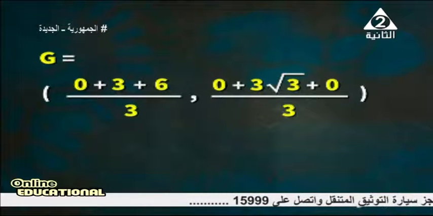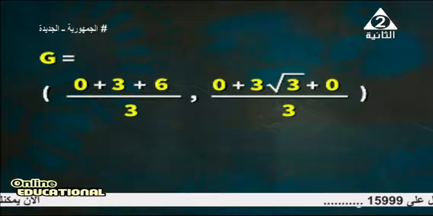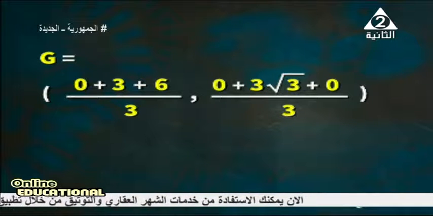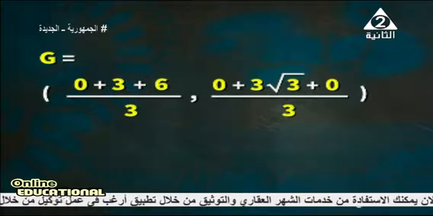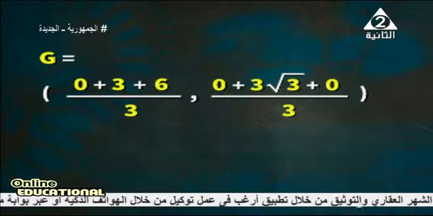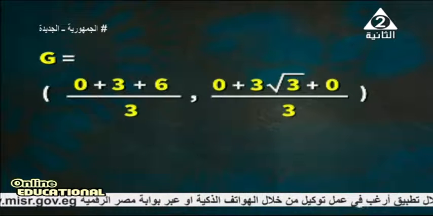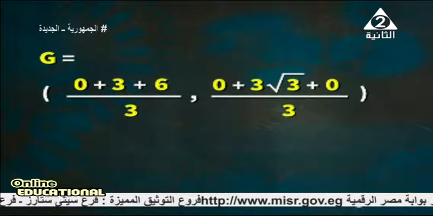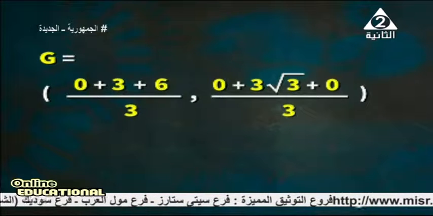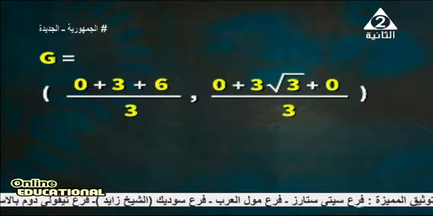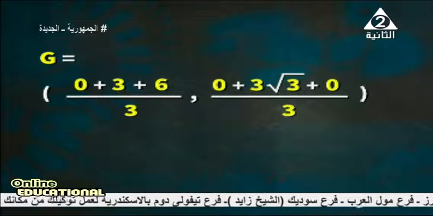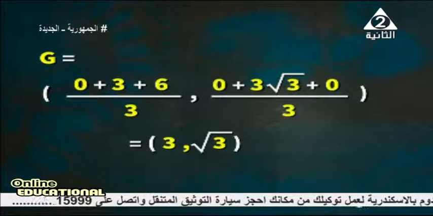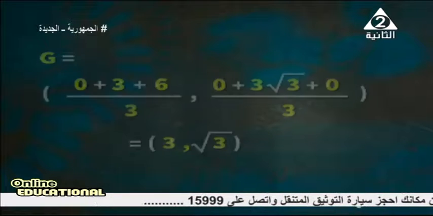This is the centroid, or point of coincidence, the point of intersection of its medians. We have 3 vertices A, B, and C. We calculate x1 plus x2 plus x3 over 3, y1 plus y2 plus y3 over 3 to determine the center, or centroid, 3, root 3.